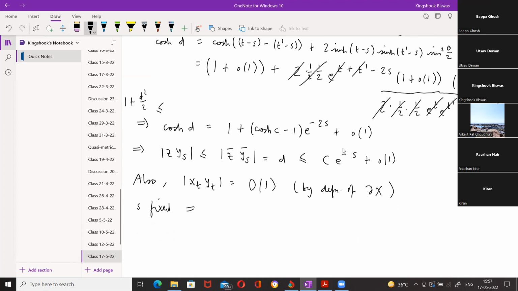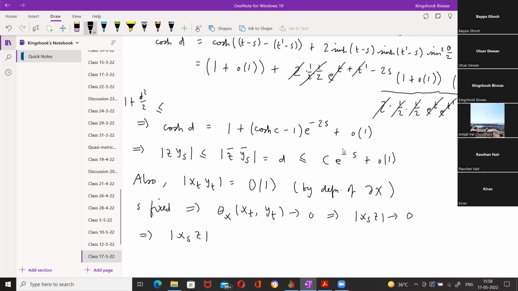So this will imply that theta x of xt, yt, this comparison angle, goes to 0, right? And since s is fixed, this implies that the distance between xs and z goes to 0, right? Is this clear?